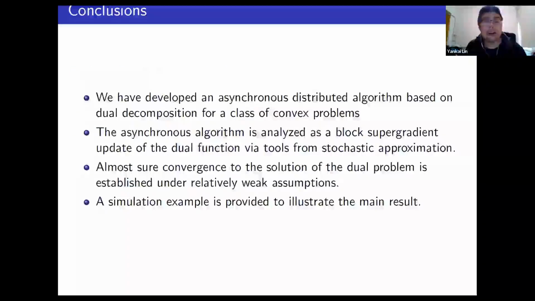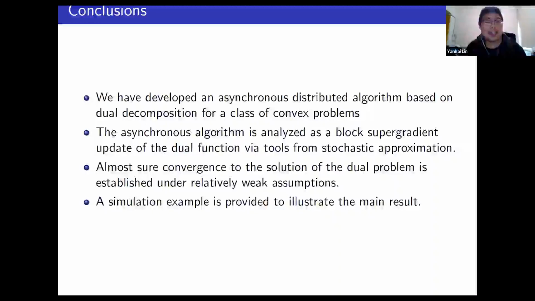So we have developed an asynchronous distributed algorithm based on dual decomposition for a class of convex problems, and we utilize the finite sum structure so that dual decomposition gives us a distributed computation.